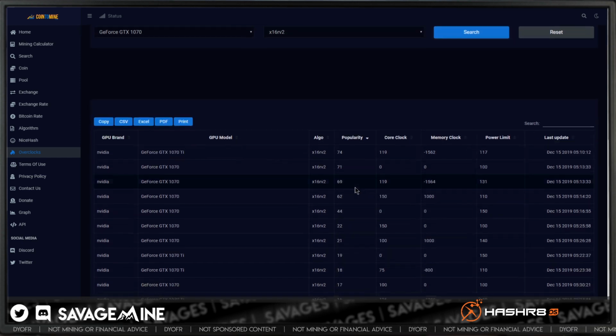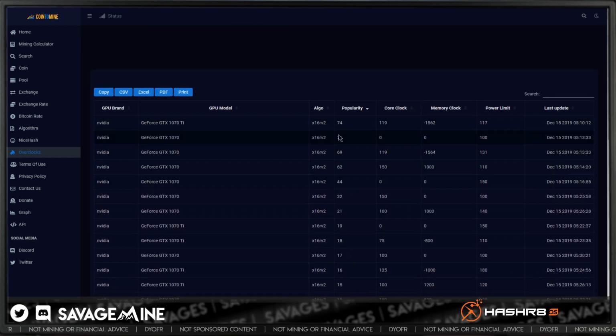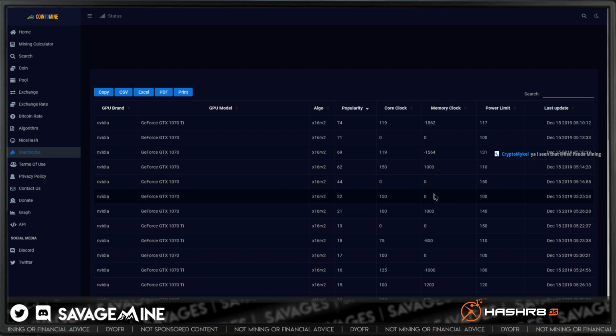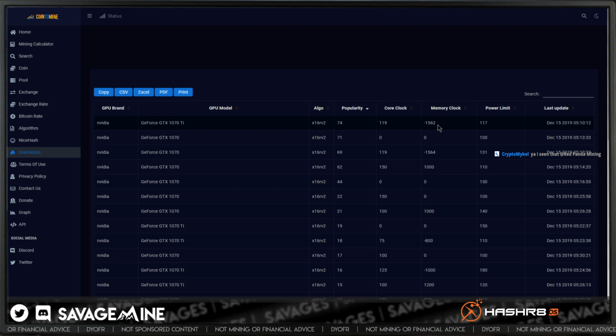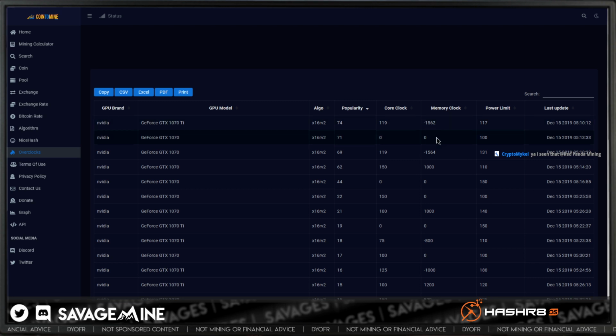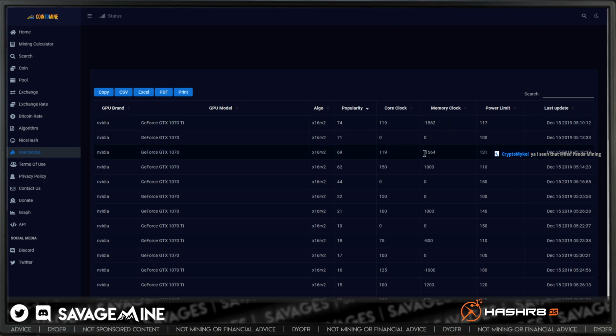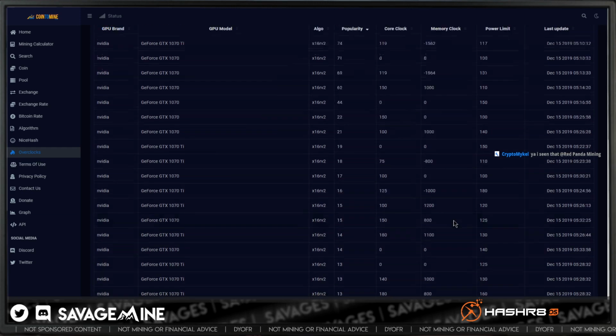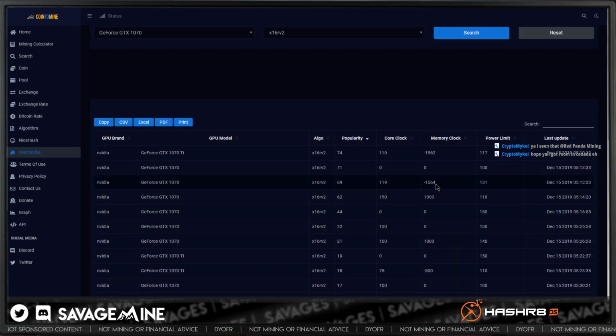And what this does is it gives you some baseline, right? Just some decent numbers to start with. Wow, I'm seeing something really odd here. That's not normal. Normally you would see minus 502 on the memory clock as pretty much the standard.